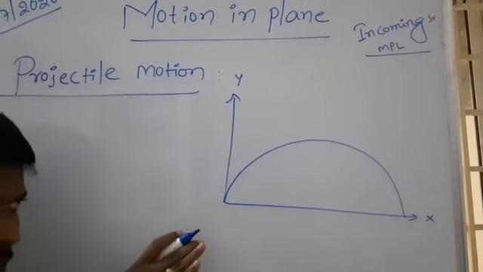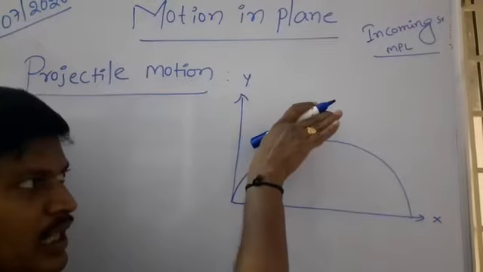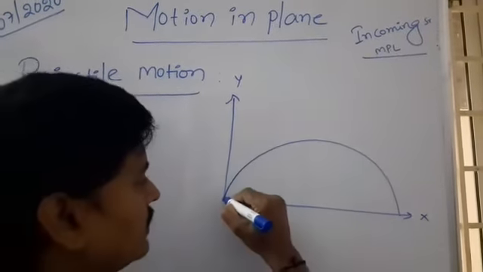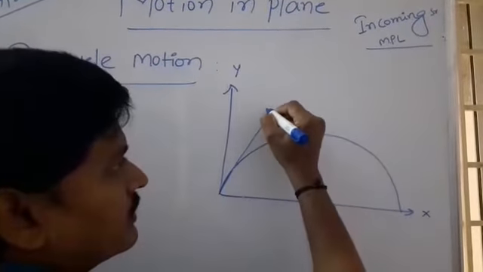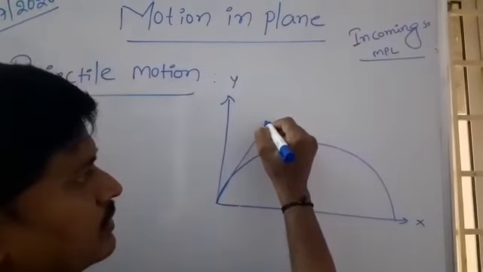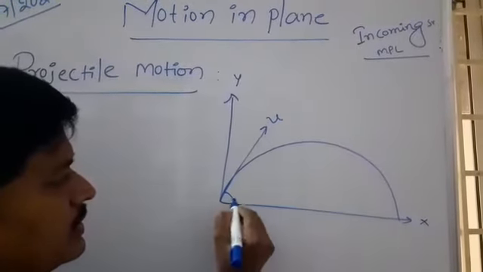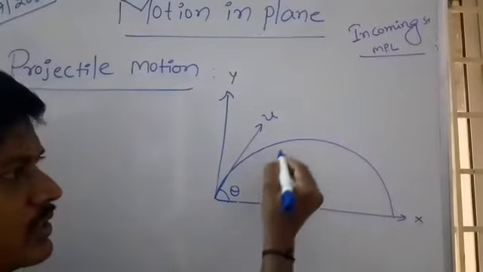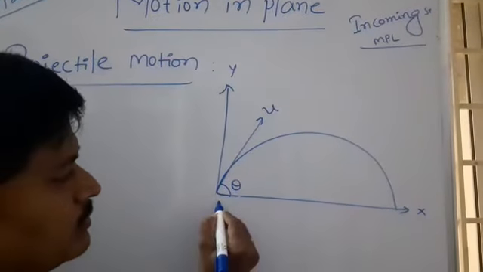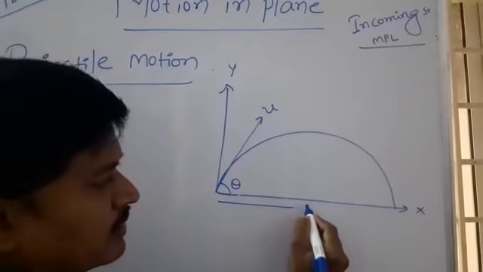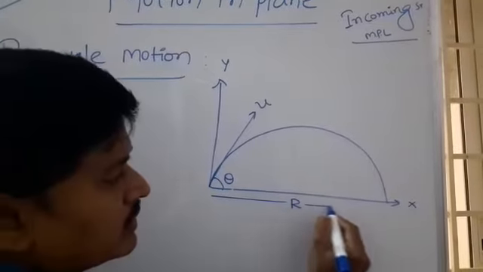A body is projected into the air making an angle theta with the horizontal direction. Here u is the initial velocity, and theta is the angle of projection. The maximum horizontal displacement covered by the body is called the range.